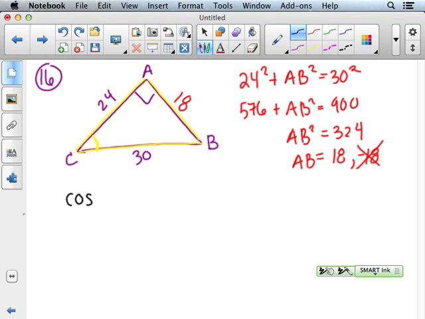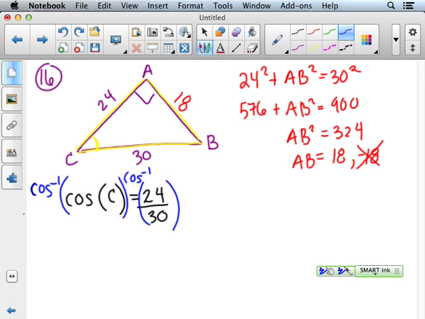Cosine of angle C equals adjacent over hypotenuse. Now to solve for an angle, remember you always use your inverse trig functions to get rid of the cosine, to get that angle C by itself. So angle C equals, you just plug it in your calculator, and you should get 36.9 degrees. There's my angle C.